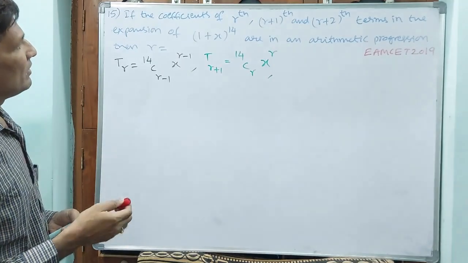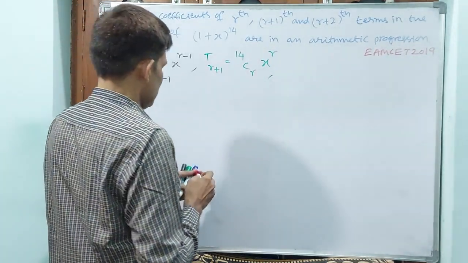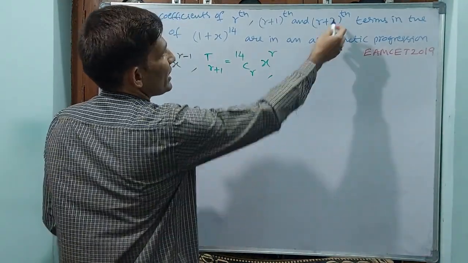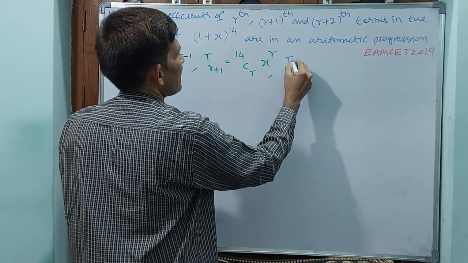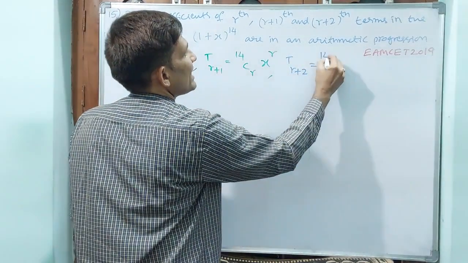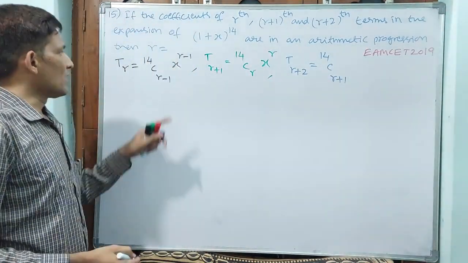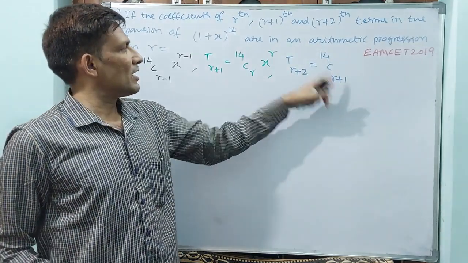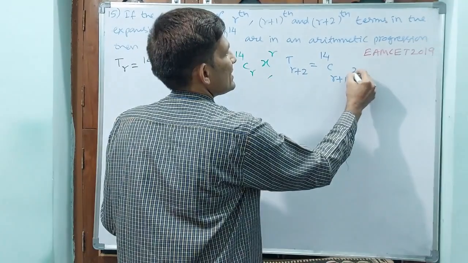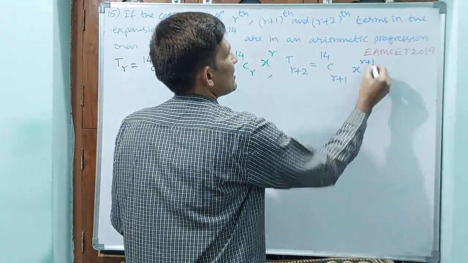Now go for the next one, the third one. T_(r+2), the (r+2)th term, is 14 C (r+1), why? Because r+2 minus 1 is r+1, and x power r+1.